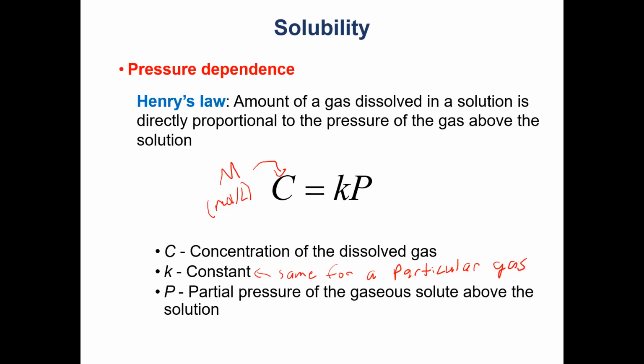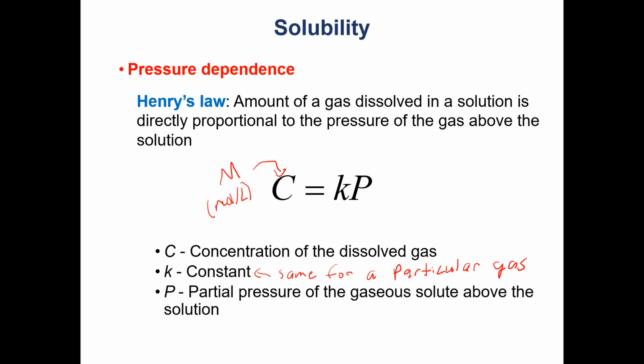So the constant will be different for different gases, but it will always be the same for the same gas. And P is the partial pressure of the gaseous solute above the solution.